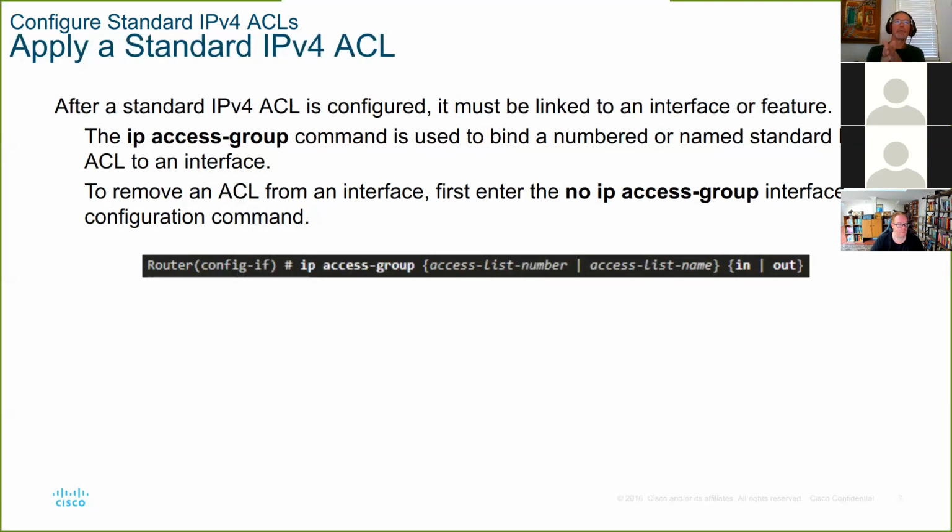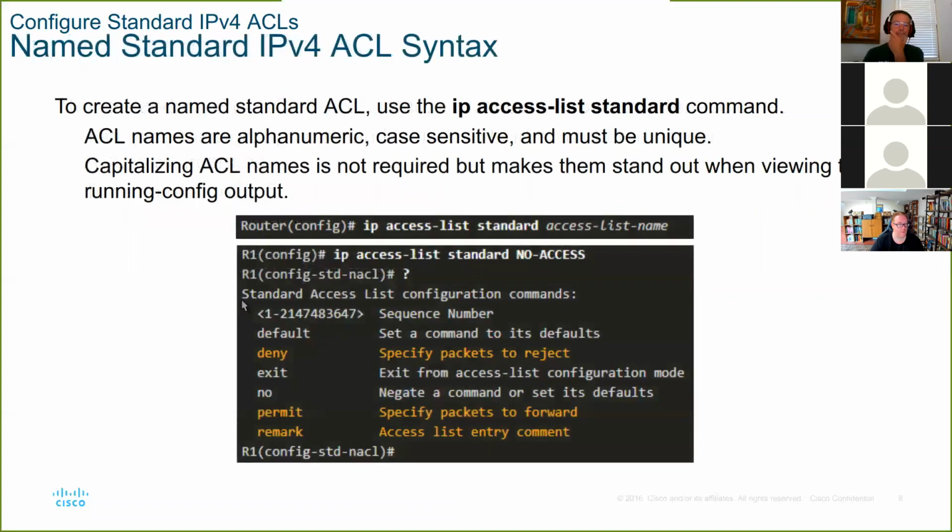So I could do, let's go back here, I could do an IP access list standard no access, permit TCP from 192.168.1.1 0.0.0.0. So this is a host, equal whatever. I can actually put a source protocol that I'm using that goes within the TCP suite.